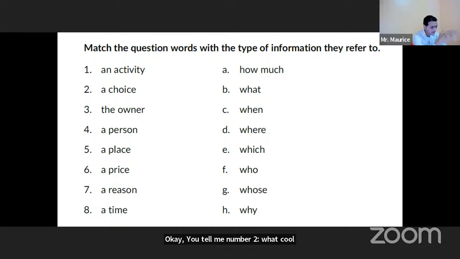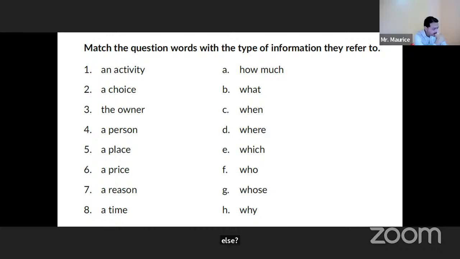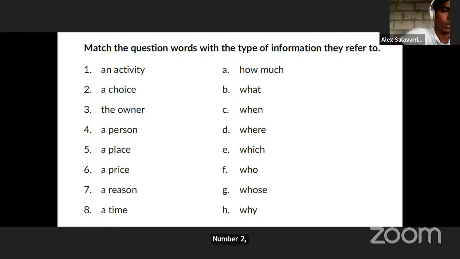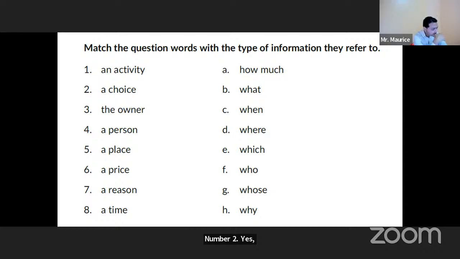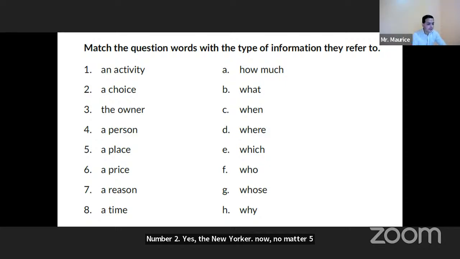Okay, yes. What else? La 2. Number 2. La which. Yes. Number 5 is D. Where? Yes, correct. Thank you.